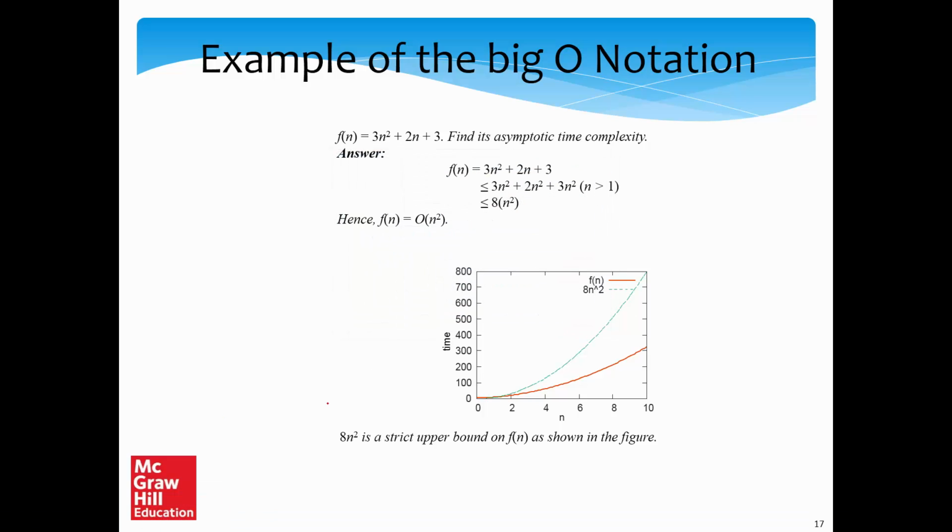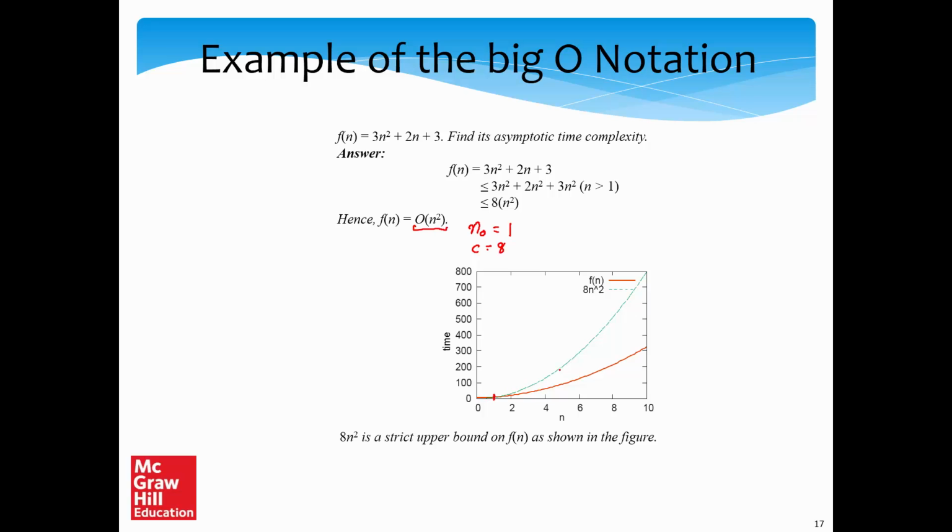So what can be said is that fn is actually order of n square, where the constant n0 is equal to 1 and c is equal to 8. If we plot the graphs, we'll notice an interesting thing: after this point 1, which will roughly be here, we can see that fn is clearly less than, I'm sorry, 8n square.